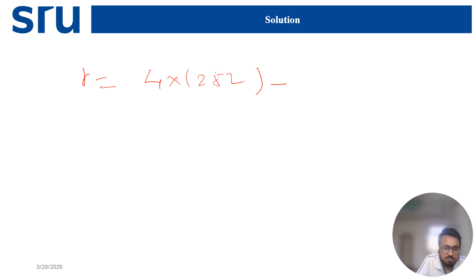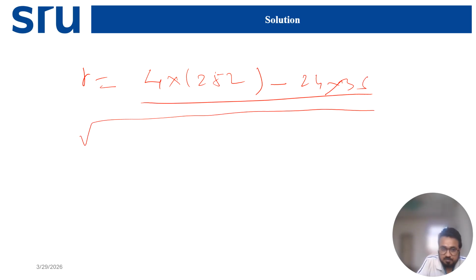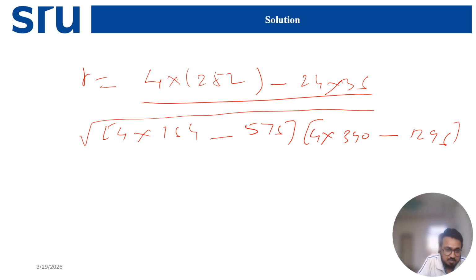Minus summation x, which is 24, into summation y, which is 36, divided by square root of n into summation x square, that is 4 into 164, minus summation x whole square, which is 576, into 4 into 390, the summation of y square, minus summation y whole square, which is 1296. So if we solve this, we will get a value of approximately 0.99.